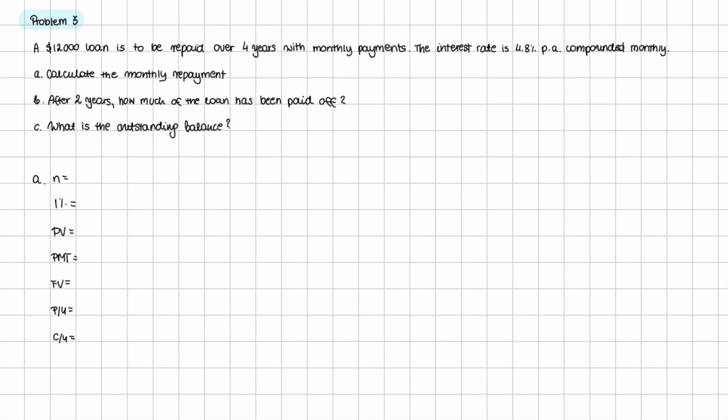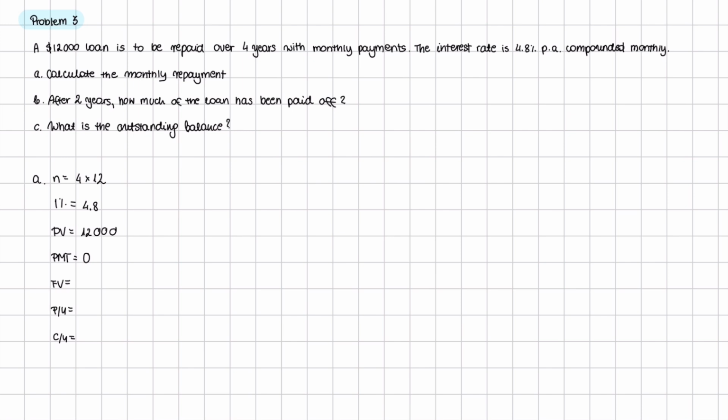In problem number 3, in A, we also have to calculate the monthly repayment, taking into consideration that we have a loan for $12,000. So present value is 12,000. N equals 4 years, but we have monthly repayments, so times 12. Interest rate is 4.8. PMT, we are looking for it, so it is 0.